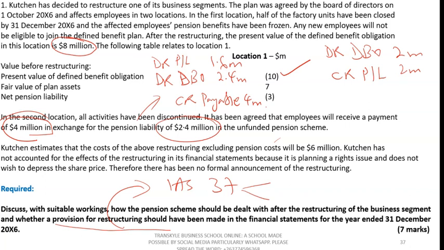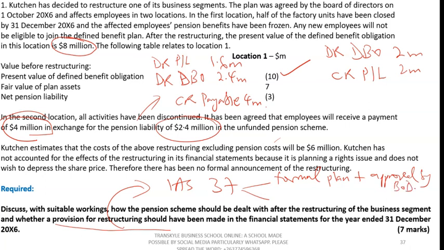The first one is there should be a formal plan which has to be approved by the board of directors.